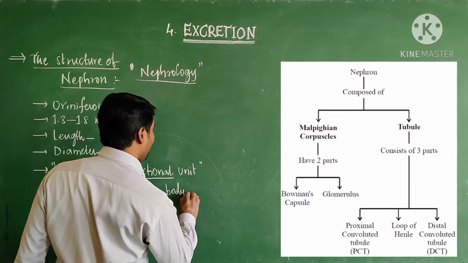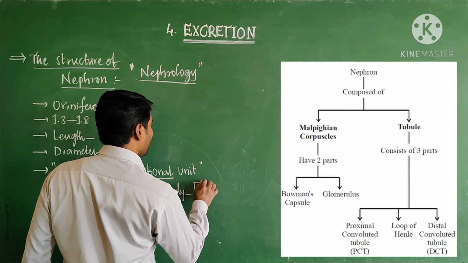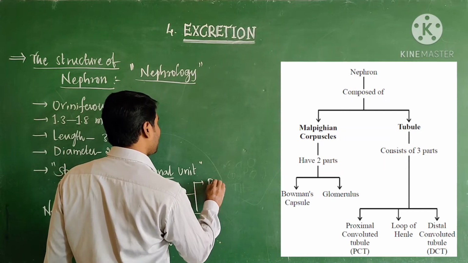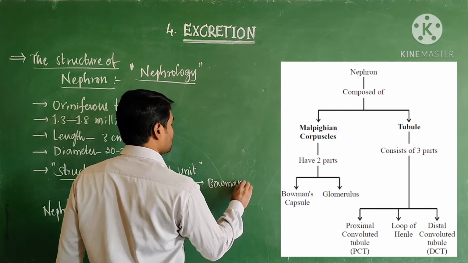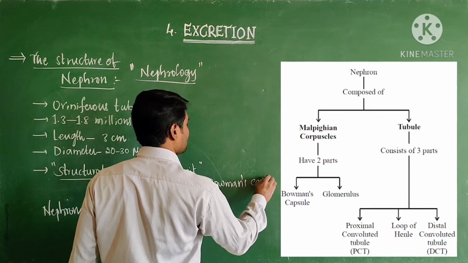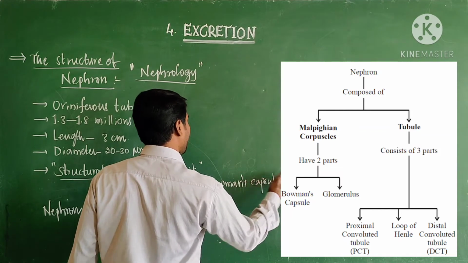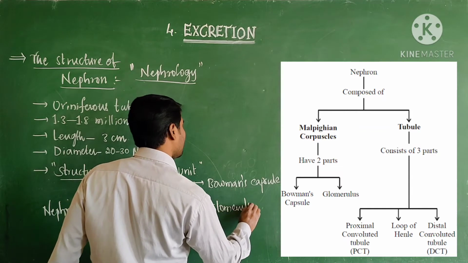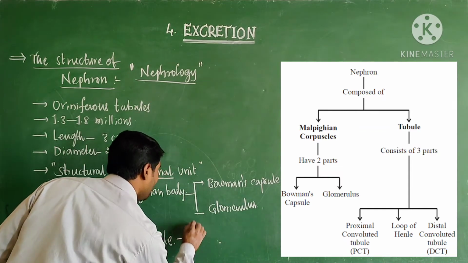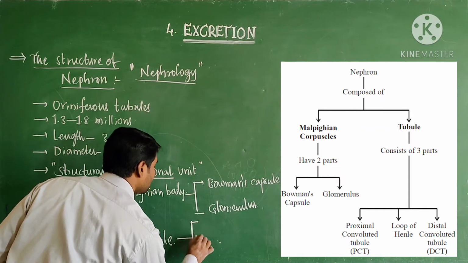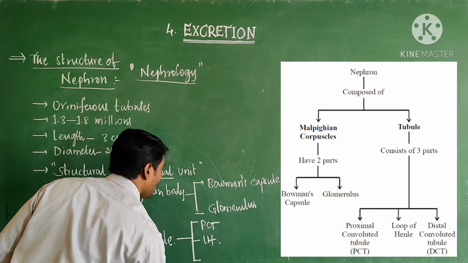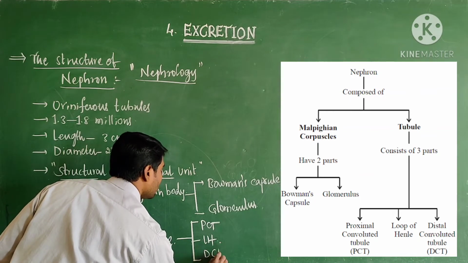And this Malpighian body also shows two more regions: one is the Bowman's capsule, and another one is the glomerulus. The renal tubule also shows three regions: one is the PCT, second one is the loop of Henle, and one more is the DCT.